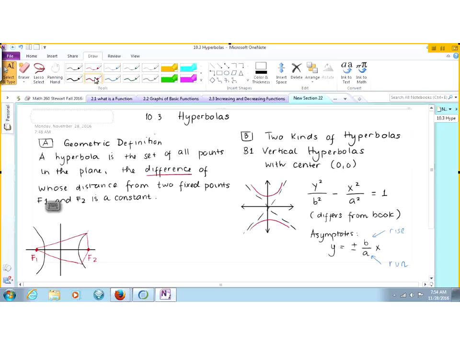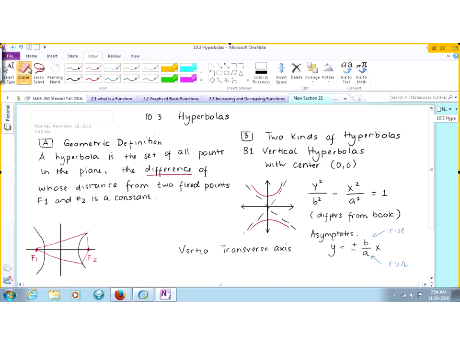Now this axis is called the transverse axis. I am going to write down that the vertical transverse axis is vertical in this case.